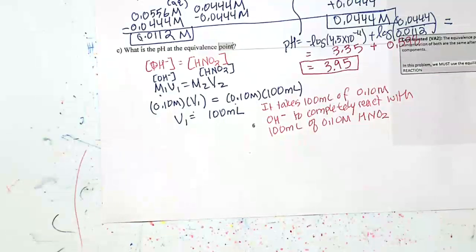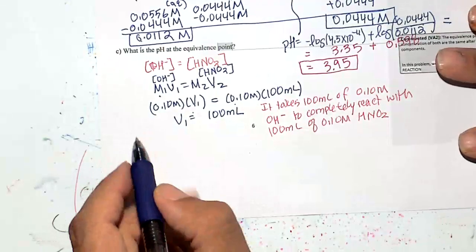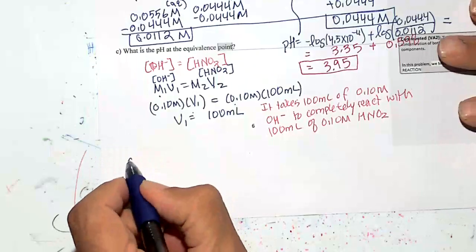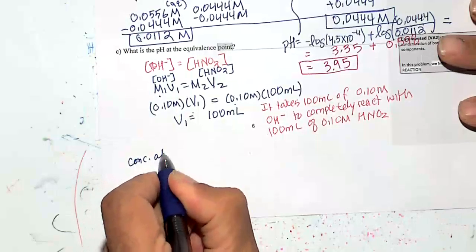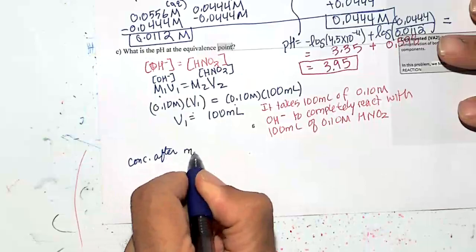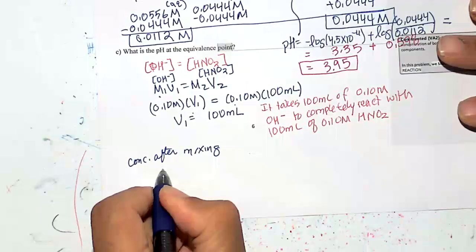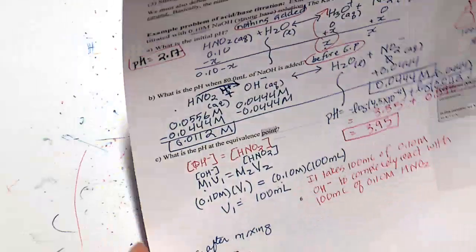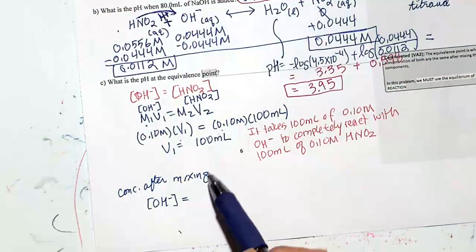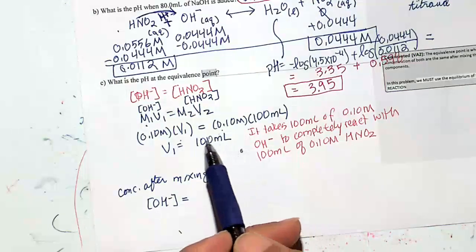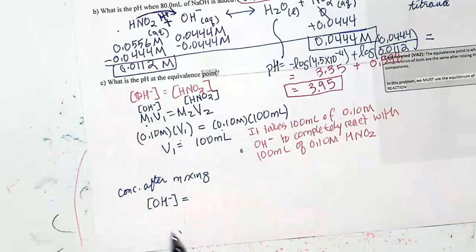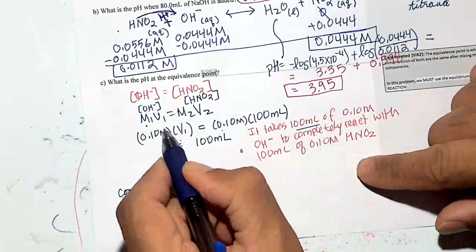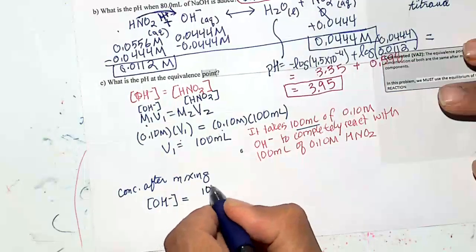Right, now, what is the concentration after mixing? I need everyone's attention to be with me here. Okay, concentration after mixing. Let's first do the OH minus. So how much will neutralize the HNO2? We calculated using this equation 100 mLs.